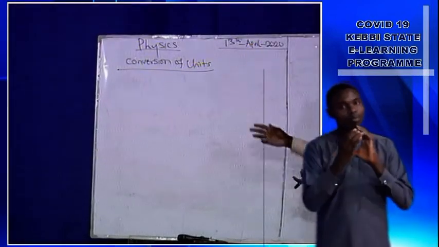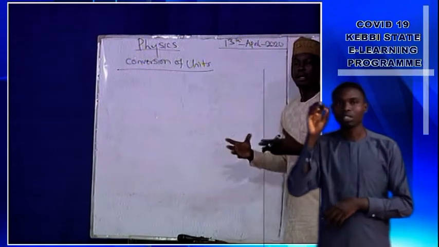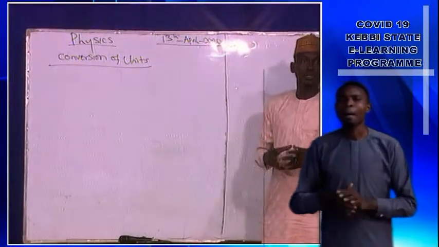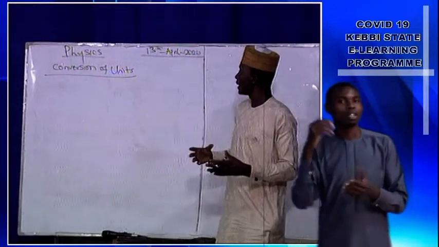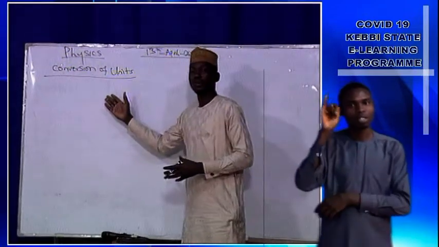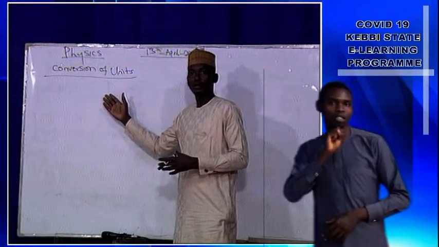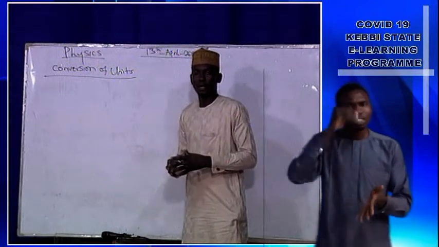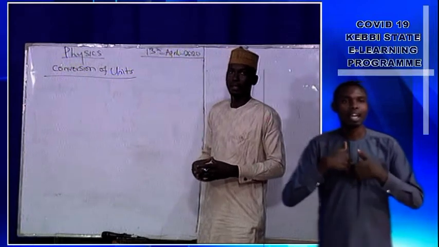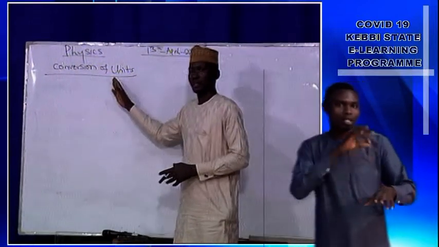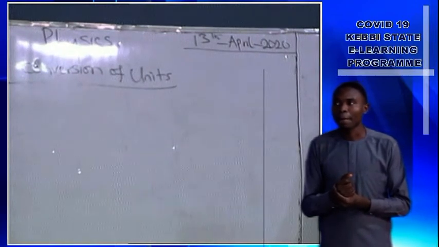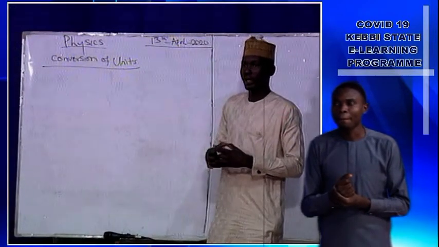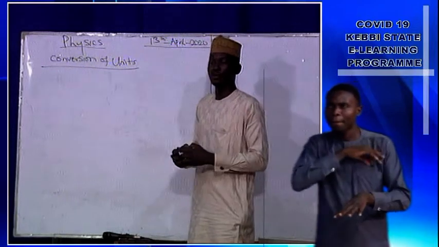Based on our previous lesson, we learned about units and quantities. We know that in quantities we have fundamental quantities and derived quantities. Likewise, in units, we have fundamental units and derived units.